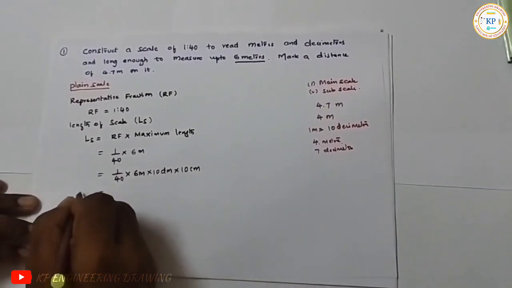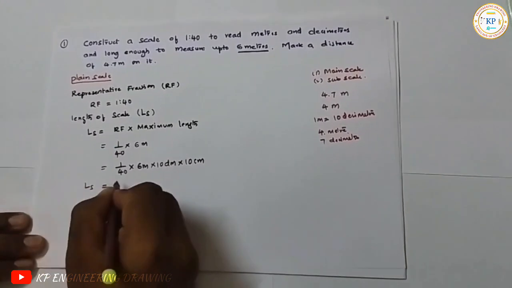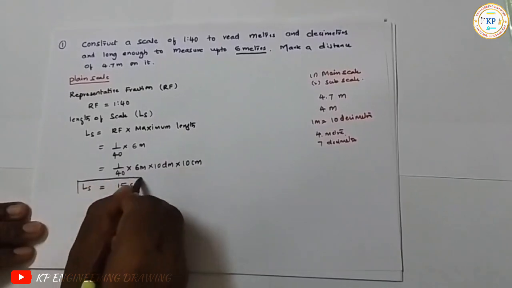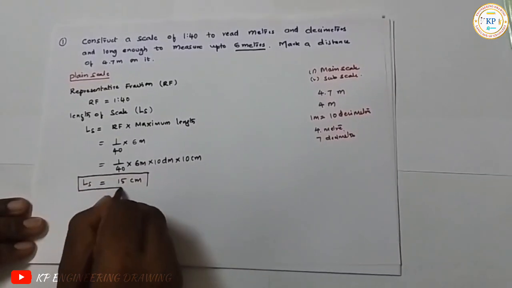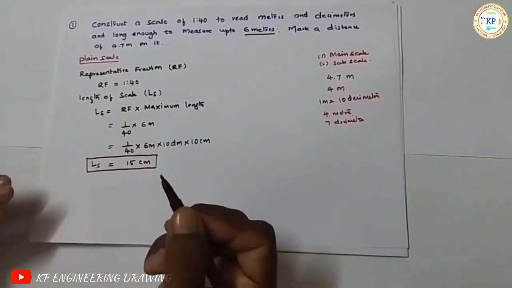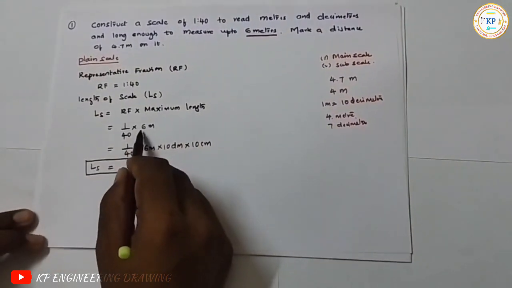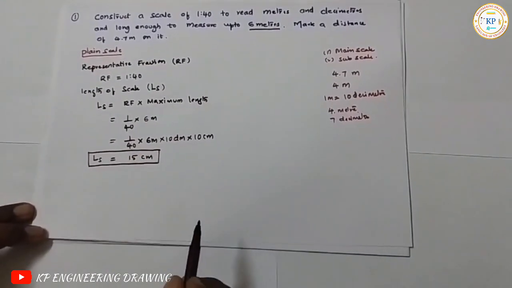Okay. So the length of scale will be 15 centimeters. And always remember that length of scale should be in centimeters only. That's why we are converting the maximum distance up to centimeters, right?